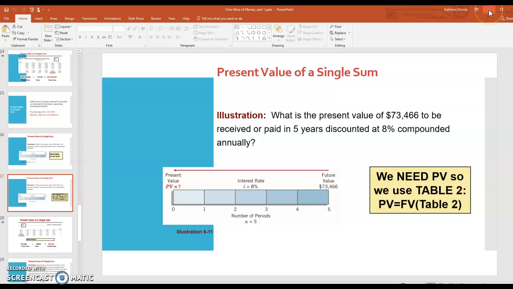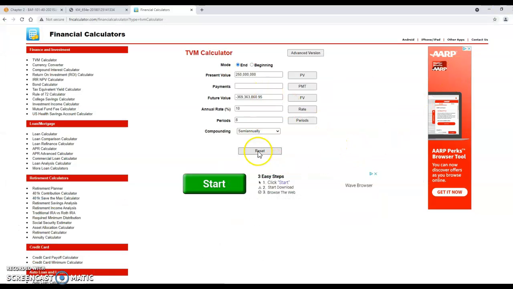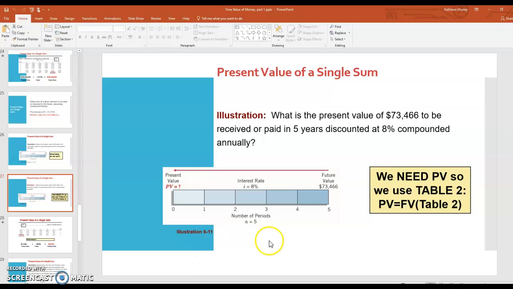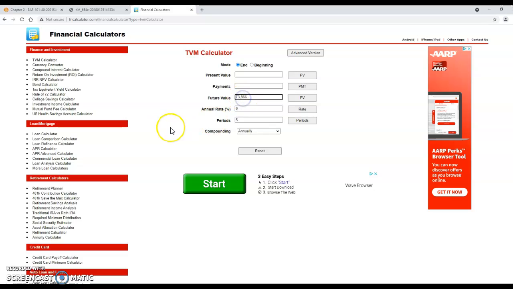Okay, and so here our future value, that was annual. Let me double check that I have the correct thing, 73,466. 8%, 5 years, annually compounded, and what I want is the present value.